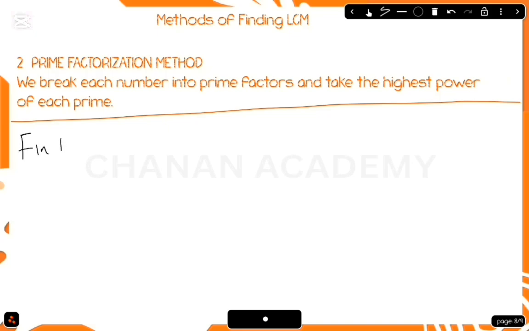Find the LCM of 12 and 18. If I am sure you've watched our previous video that talked about types of numbers, we talked about factors there, and then we spoke a bit about the prime numbers.